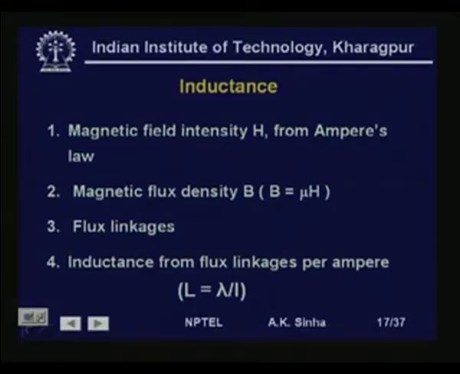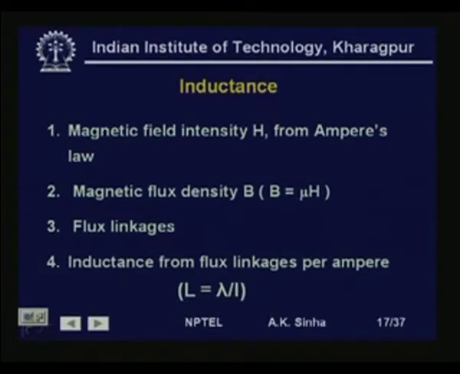Next, we will talk about the inductance. Well, for calculating inductance, we need to go through 4 steps. First is to find out the magnetic field intensity H using Ampere's law. Second step is from H we can find out the flux density, B is equal to mu H. Now, since we are using aluminum or copper conductors mostly, mu for this is going to be equal to mu 0 because these conductors are non-magnetic.